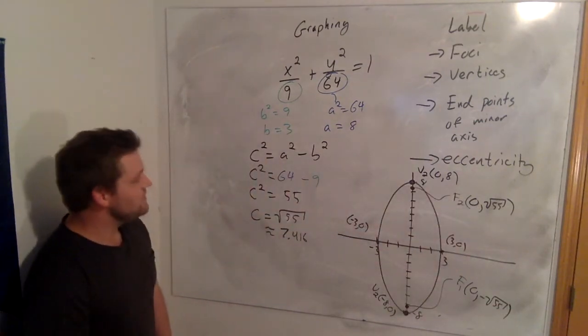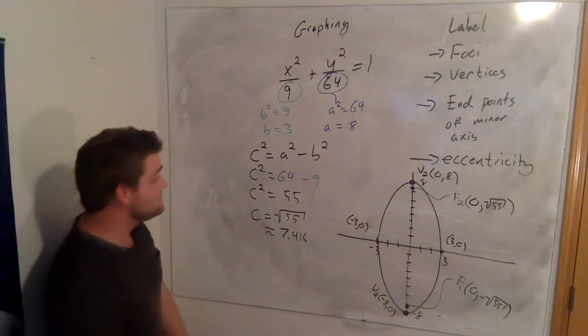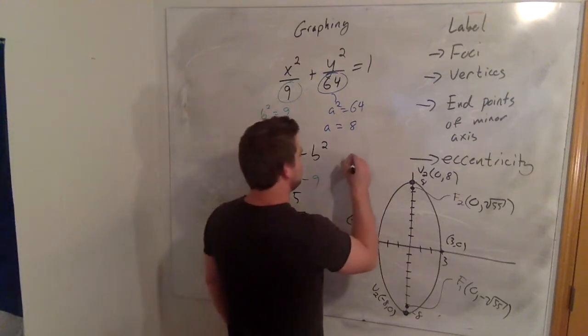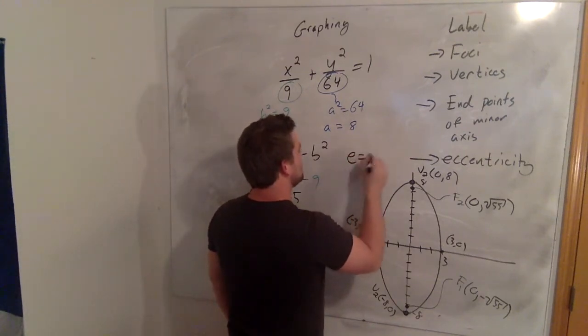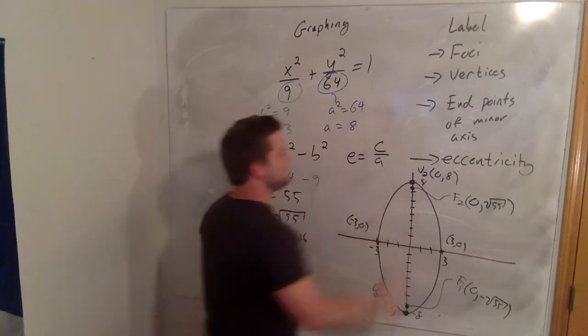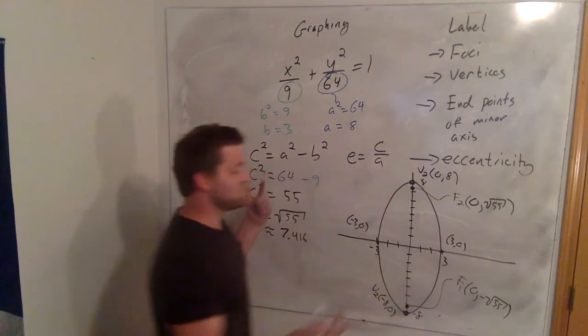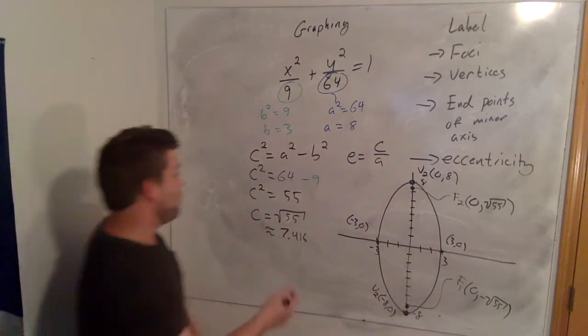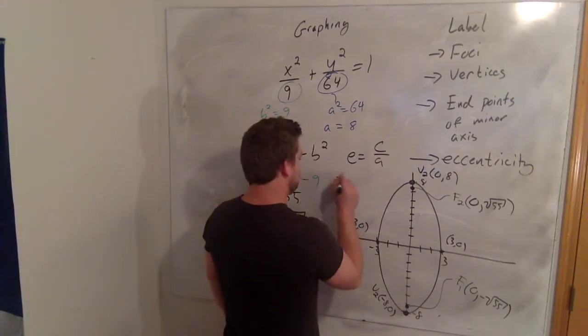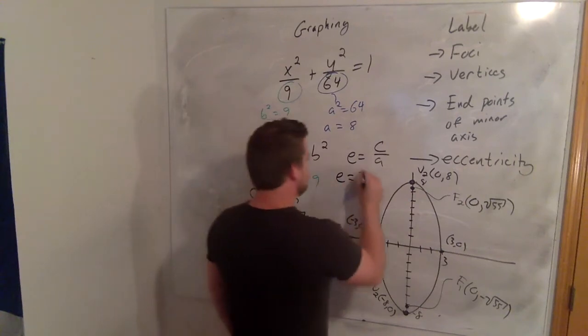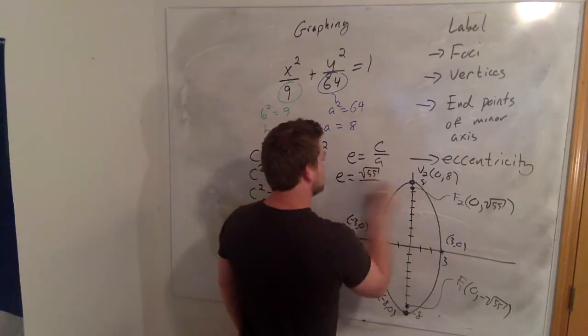Okay, the last thing we need to record is the eccentricity. So the eccentricity will be the ratio of c over a. Just looking at this picture, look how close c and a are to one another. I'm expecting this to be a number pretty close to 1. So the eccentricity is the square root of 55 all over 8.